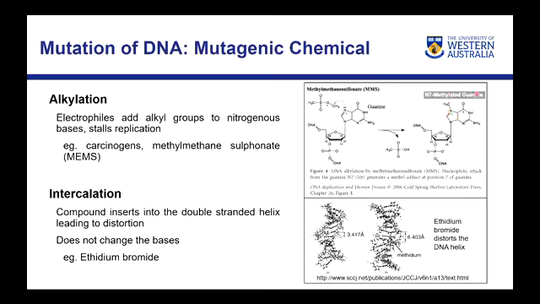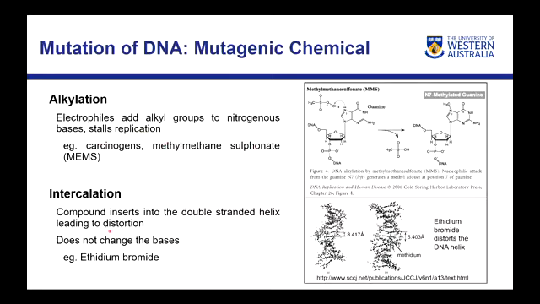And so this will create a distortion, and DNA replication will not be able to occur because our DNA polymerase won't be able to recognize it. And there are other carcinogens besides methyl methane sulfonate.